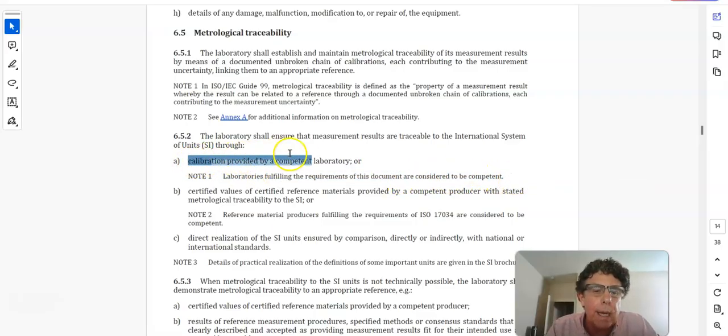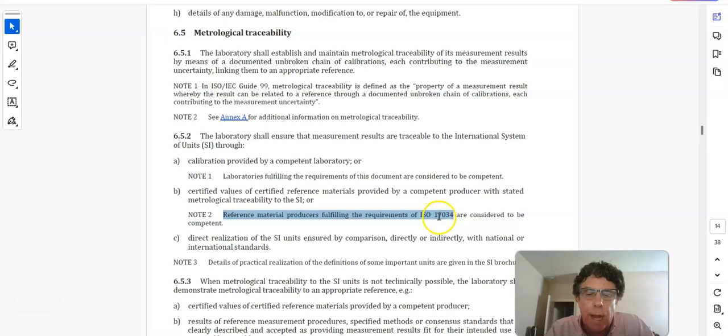Calibration provided by a competent laboratory. A. Or B. Certified values of certified reference materials provided by a competent producer with stated metrological traceability to the SI. Note 2, reference material producers fulfilling the requirements of ISO 17034 are considered to be competent. What does that mean?